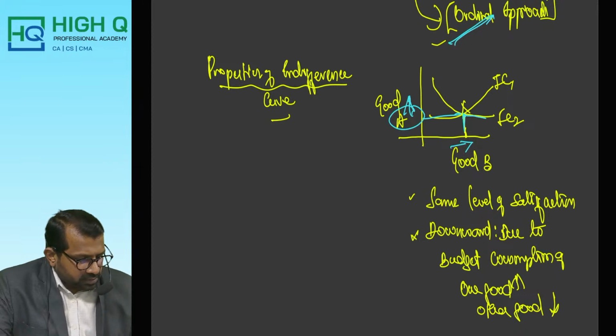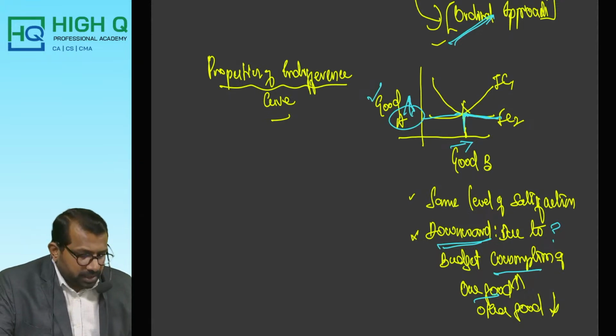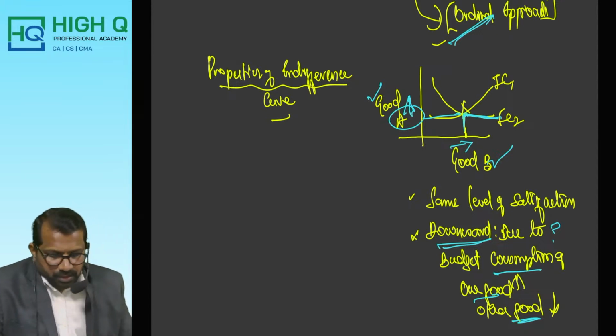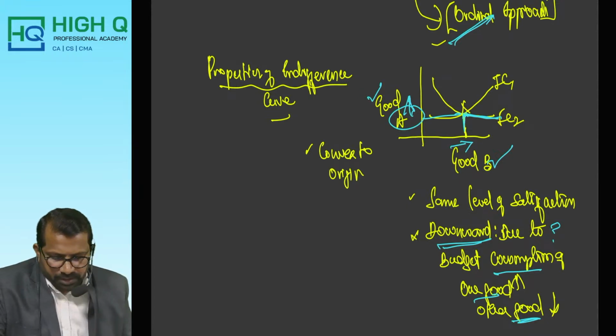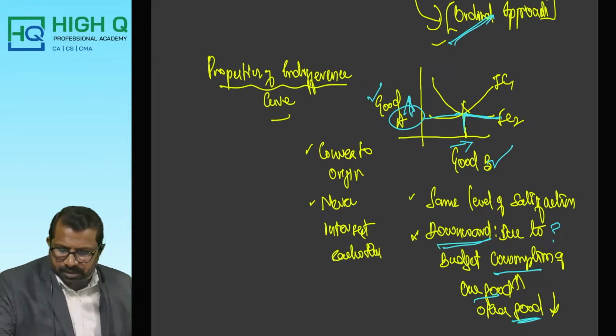Now just see, it slopes downward. Why does this curve slope downwards? Due to the budget, consumption of good A leads to a decrease in good B. Third point, it is convex to the origin, and curves never intersect each other.